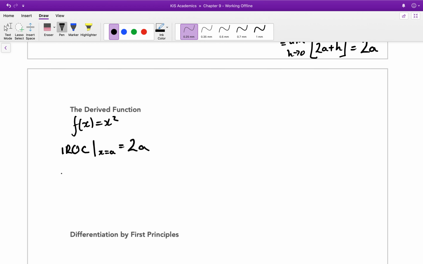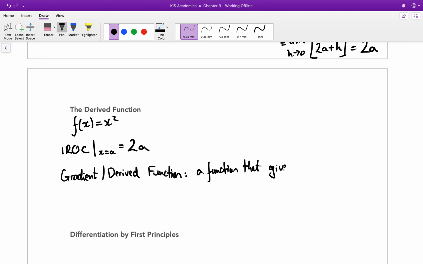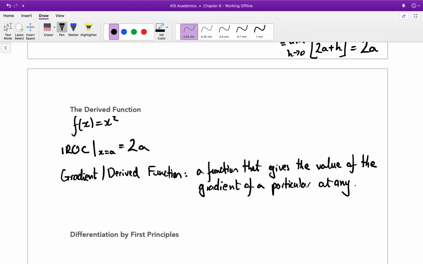So the gradient function, or the derived function, is a function that gives the value of the gradient of a particular graph at any point x.